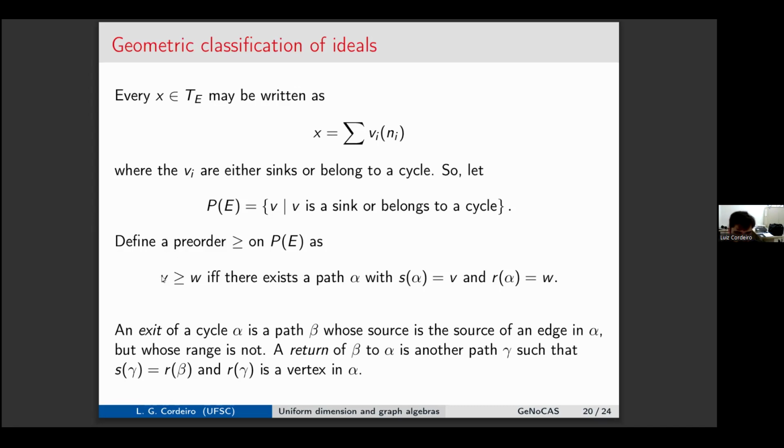That is defined as a vertex V being greater than or equal to a vertex W if there is a path which connects V to W. And then further definitions: an exit of a cycle alpha is a path beta whose source is the source of an edge in alpha and whose range is not. And the return of an exit beta to the cycle alpha is another path gamma which connects the end of the exit beta to a vertex in the cycle alpha.